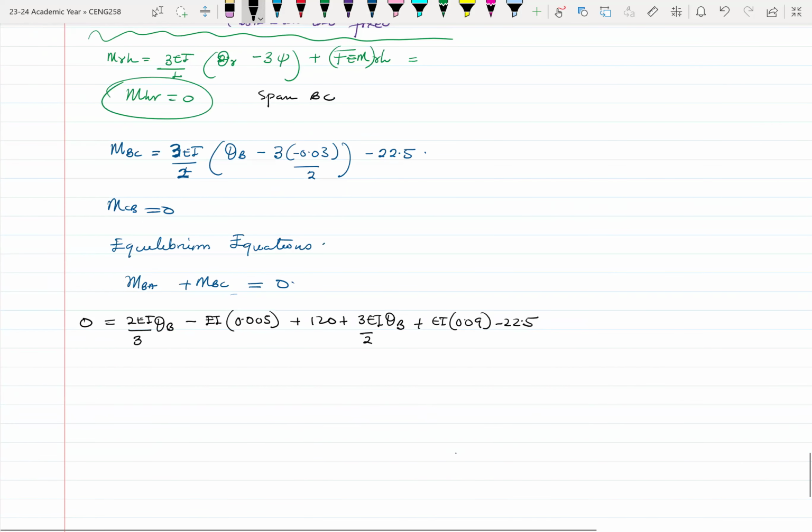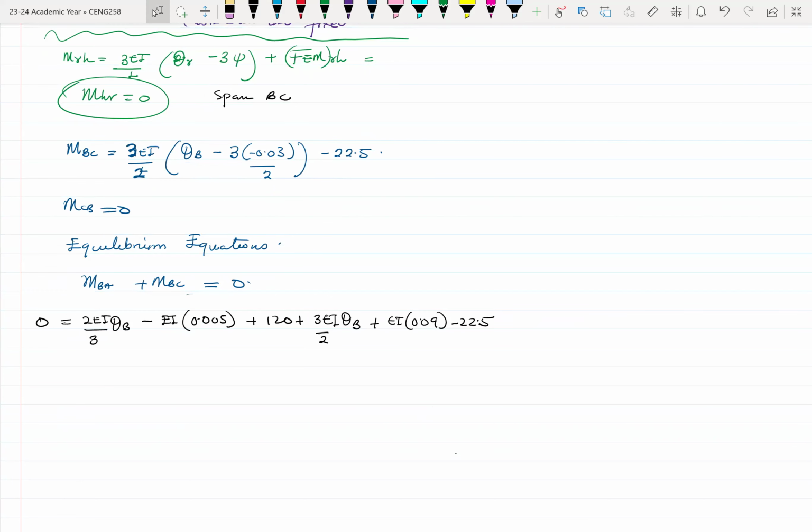So let's try to summarize. 2 divided by 3 plus 3 divided by 2 gives 13 over 6, so we have 13 over 6 EI theta B. And EI from the previous calculations is equal to 1,000.